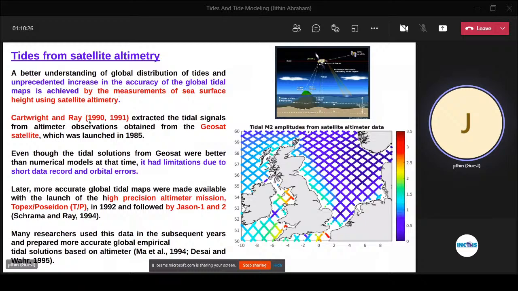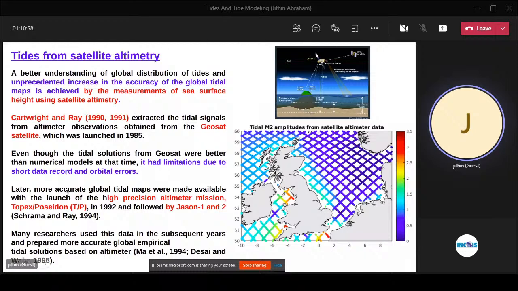In 1990, Cartwright and Ray extracted tidal signals from satellite altimeter observations from the GeoSat satellite and prepared tidal maps. Even though the tidal solutions from GeoSat were better than the numerical models at that time, they had limitations due to the short data record and orbital errors.